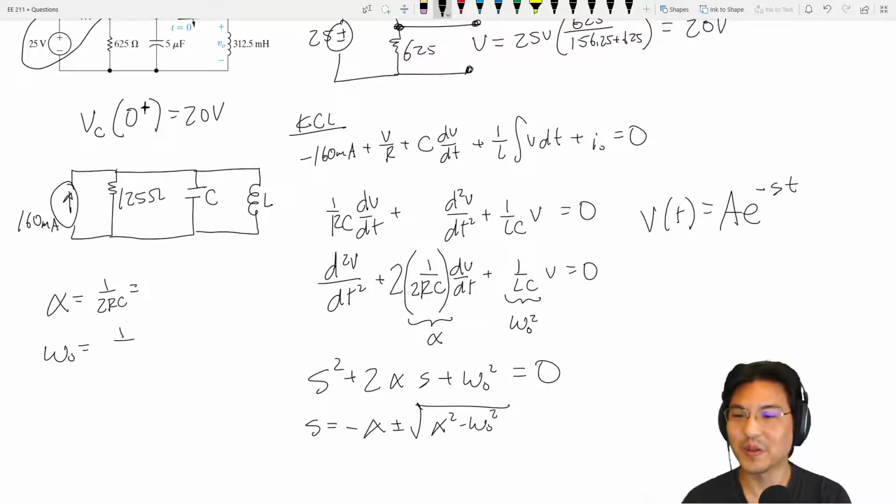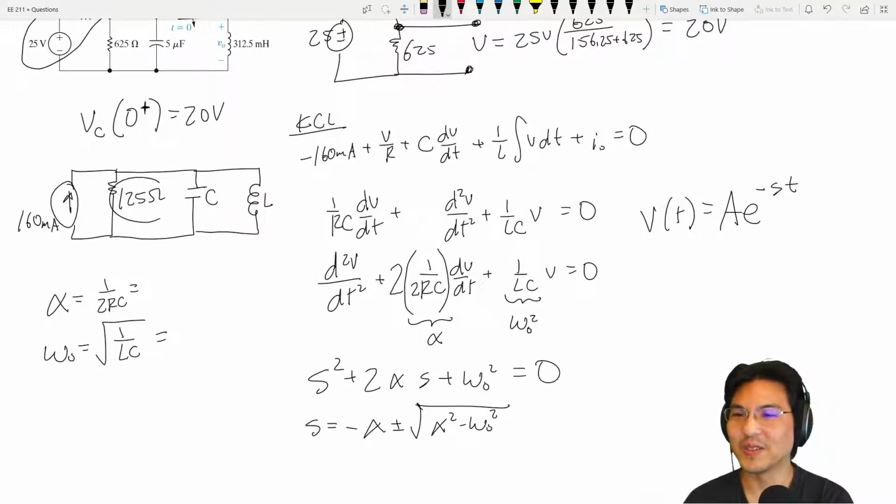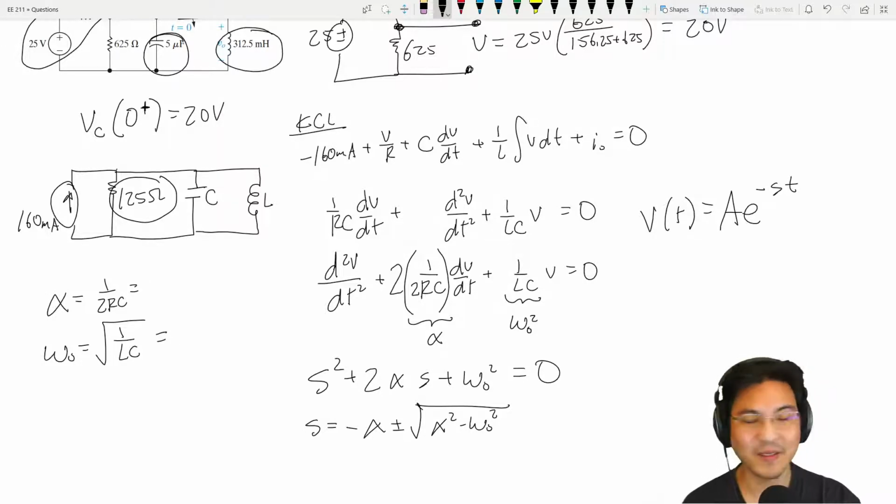Omega squared is 1 over LC, so omega is the square root. Okay, so let me just use these numbers. So R is 125, C is 5 microfarads, L is 0.3125.